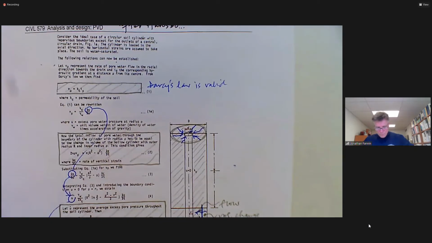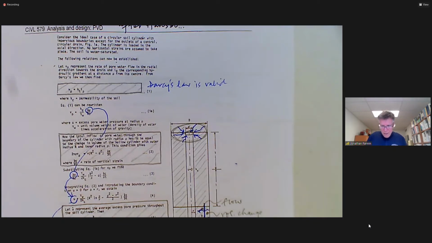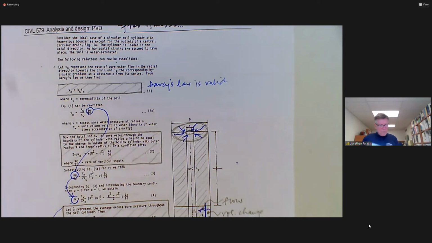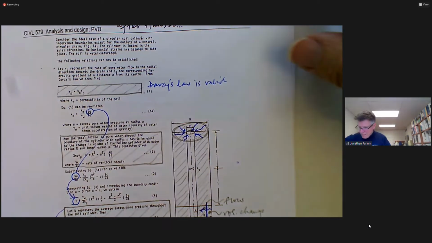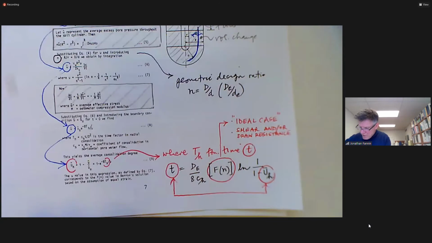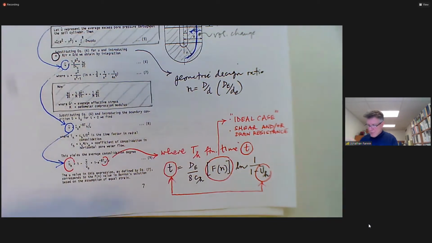Okay, now I do have some additional notes that you have here, and we can skip through those relatively quickly because this is the equation we want, and we can pick this up, okay?